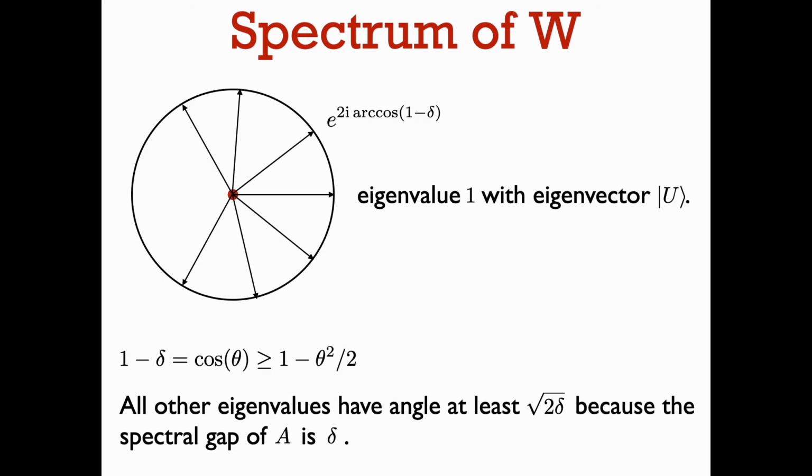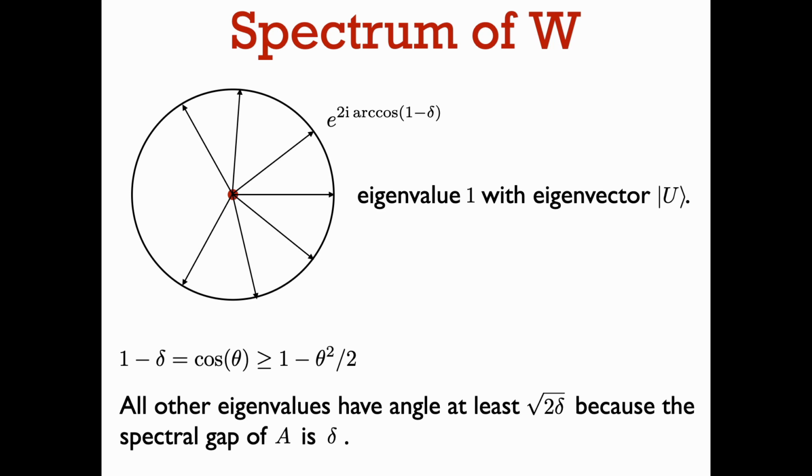So here's an illustration of the eigenvalues of W. The key fact that we need is the following. We know that U is an eigenvector with eigenvalue 1. If the graph has a large spectral gap delta, then all other eigenvalues will be bounded away from 1.